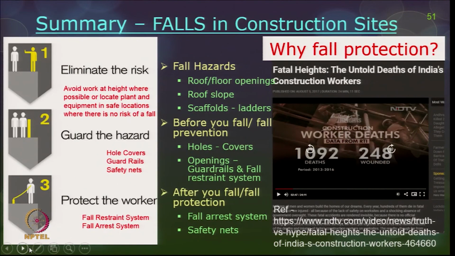Okay. Then falls in construction sites, again a summary. So, eliminate the risk. Avoid working at height wherever possible, or locate plant and equipment in safe locations where there is no risk of a fall at all. So, number one, eliminate totally. Number two is guard the hazard. Either you can use hole covers for small openings, or you can have guardrails and safety nets.